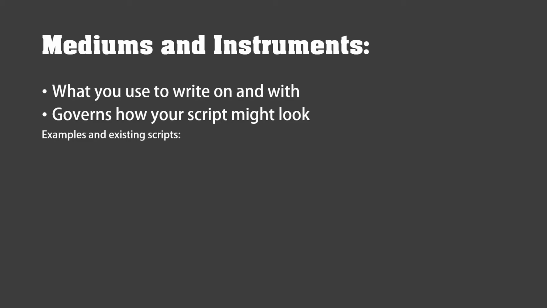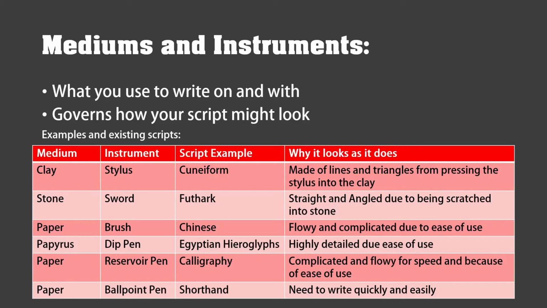And examples of scripts that have come in the past are these ones. I won't completely read it out to you, but there's a table there, and if you're interested in any of these scripts, you've got the name of the script in the third column, and the instrument and medium in the first two, and how it looks and why it looks that way in the final column.